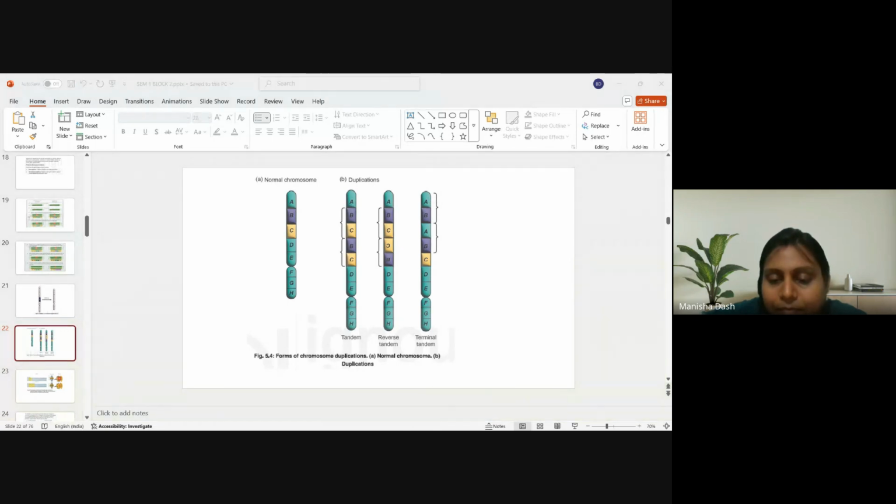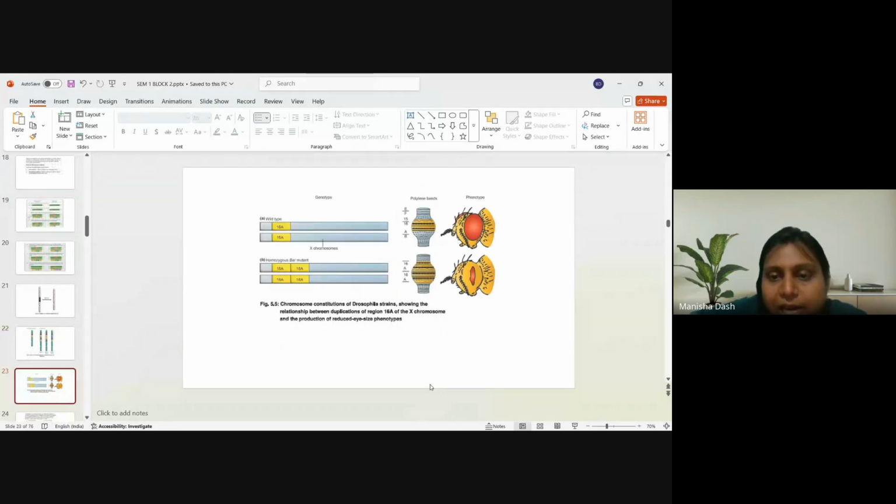An example you can see in the bar eye of Drosophila. This 16A gene, which is located on the X chromosome of Drosophila, if it is duplicated, can interfere with the normal eye development of the fly. The more the duplications, the narrower the eye. So this is chromosomal duplication.